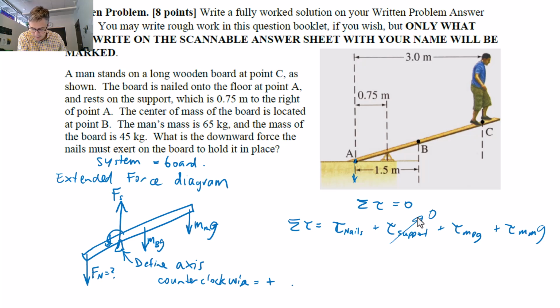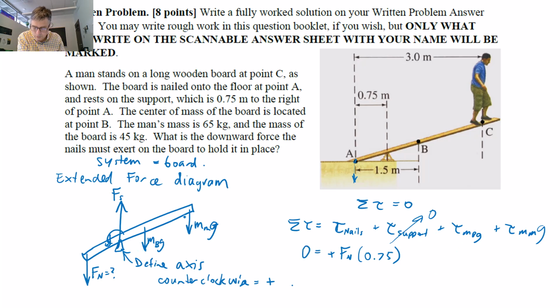And then the nails, if they're pulling downwards, as I've drawn them here, that's a counterclockwise force. The clocks tick this way. So that's a plus Fn times this distance, 0.75, and this is equal to 0.